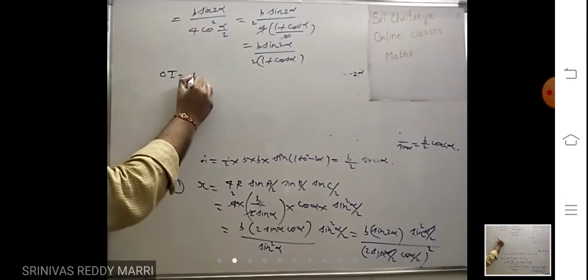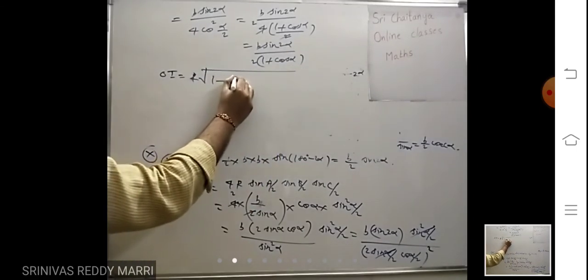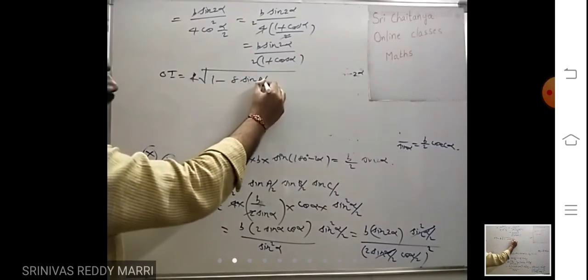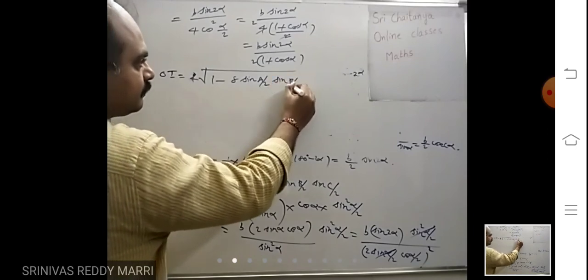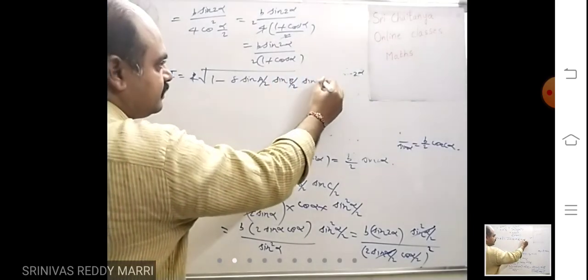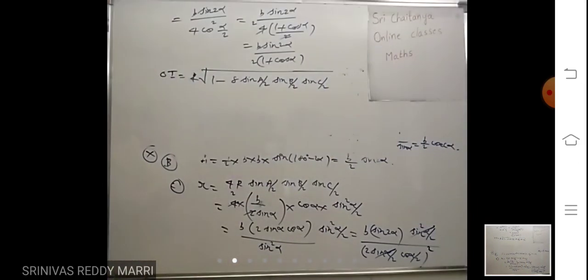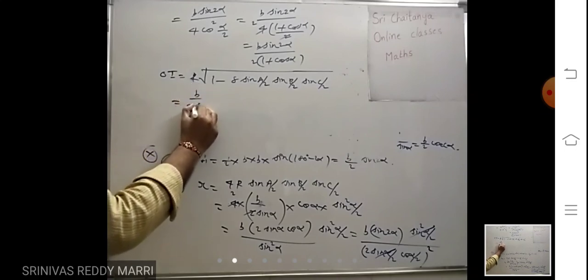So the OI formula is nothing but capital R into root of 1 minus, what is the formula? The distance between circumcenter and incenter. This is the formula. So R is nothing but we got b by 2 sine alpha.